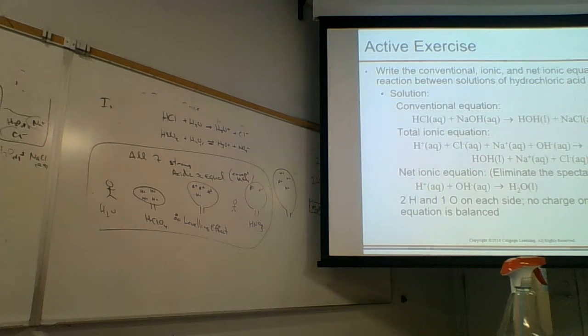Those are spectators. And so in an NIE, we're just looking at what ion combination, what ions like to react. Well, hydrogen ions and hydroxide ions react to form H2O liquid. And so the CE's this, what the beakers are labeled. The IE's what's inside the beakers, and the NIE's just looking at the ion combination that likes to react.